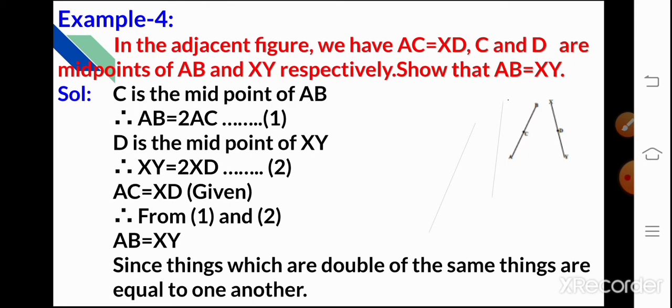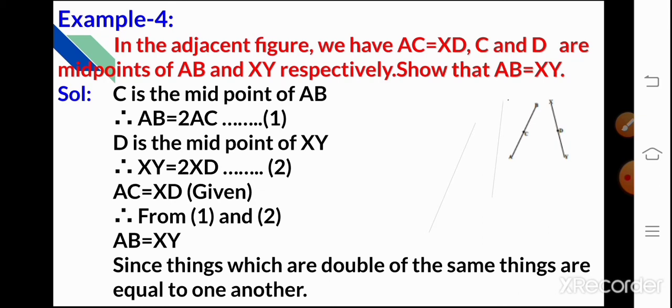D is the midpoint of XY. So XY can be written as 2XD or 2DY. Here I have taken XY as 2XD. Call this 2. Here AB means double of AC. XY means double of XD.